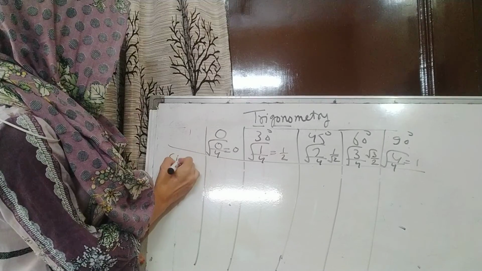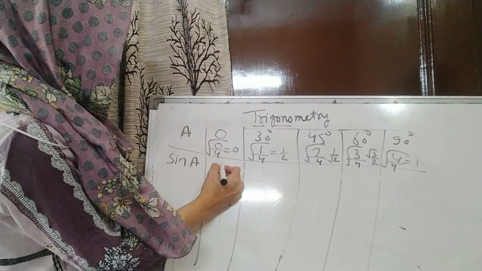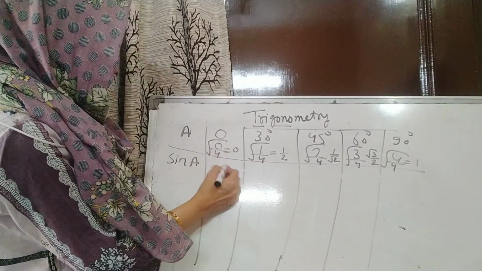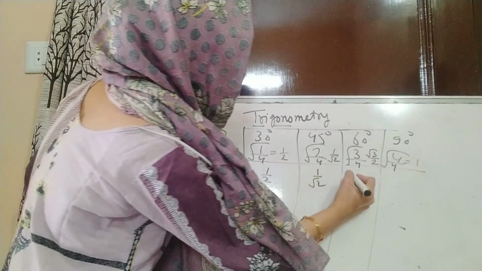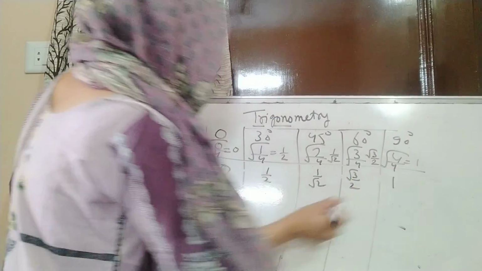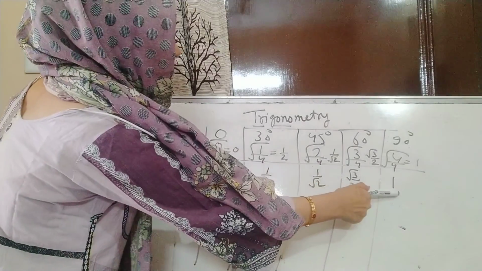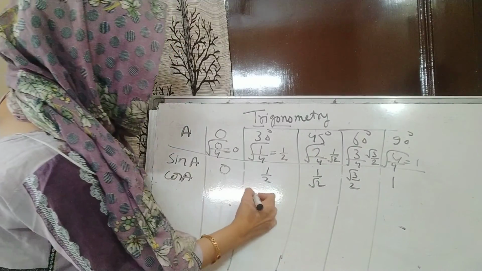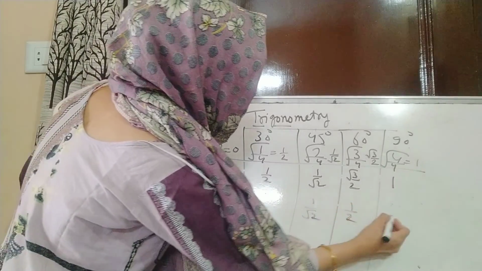So for sine A, sine 0 is 0, sine 30 is 1 by 2, this is 1 by root 2, this is root 3 by 2, and this is 1. In a similar way, you can calculate cos. You will just reverse this table. So 1, root 3 by 2, 1 by root 2, 1 by 2, and 0.